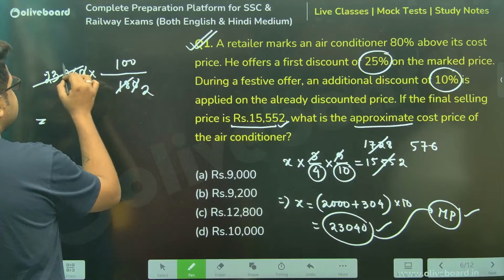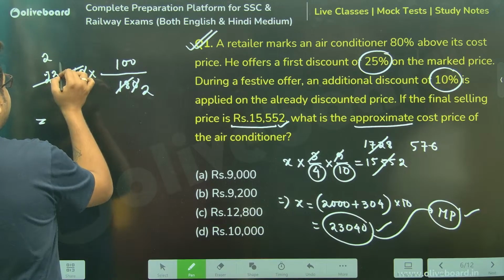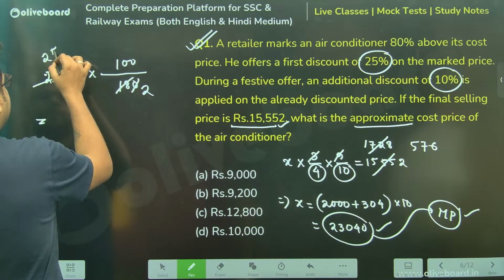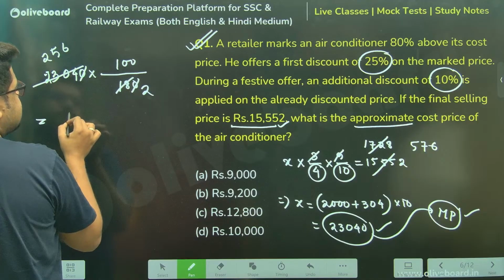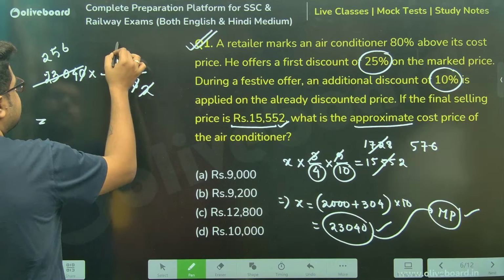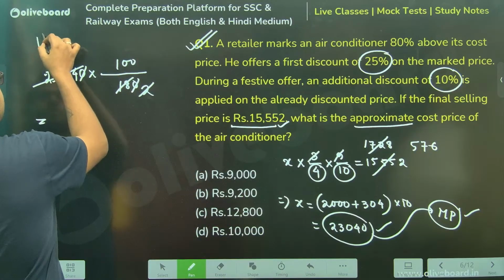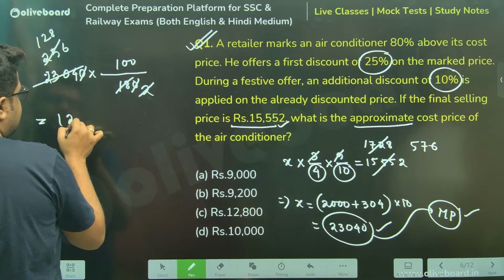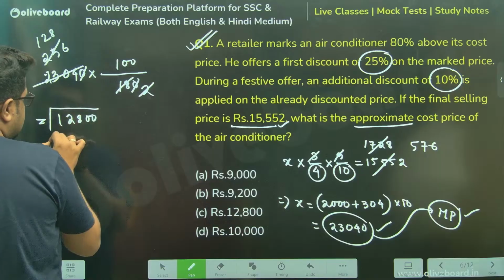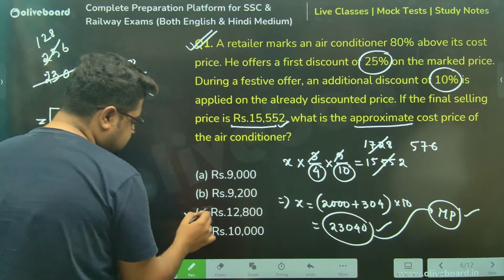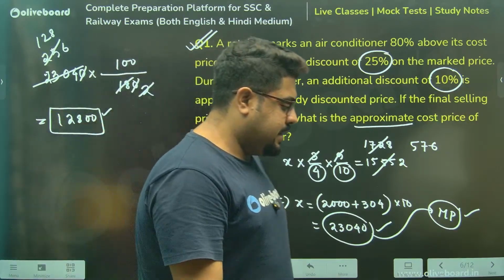It's divisible. So 9 2s are 18, 9 5s are this, 9 6s are this. Or rather, let's do this: 128, that is 128,000. So we are getting a very good answer, which is option C.